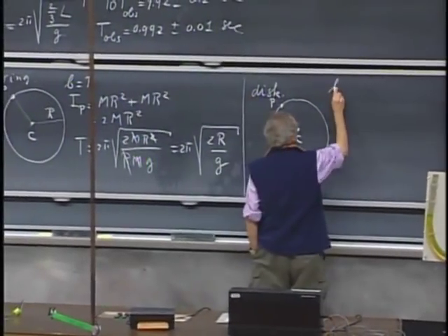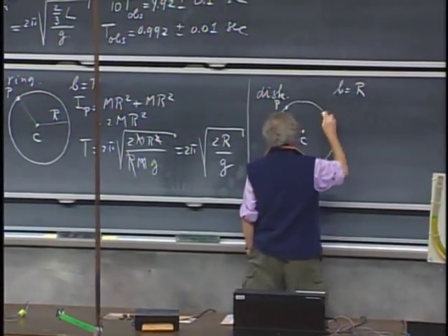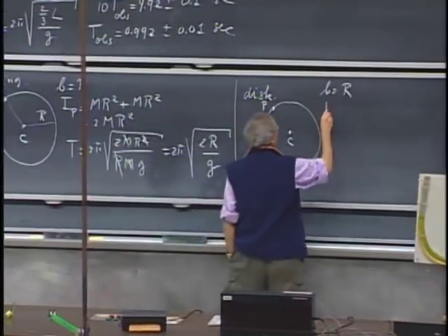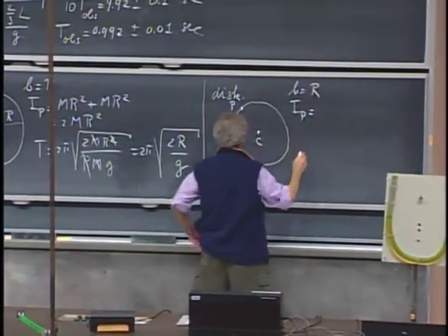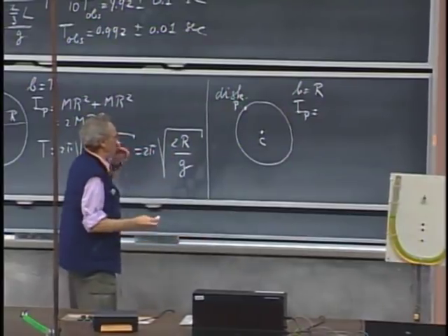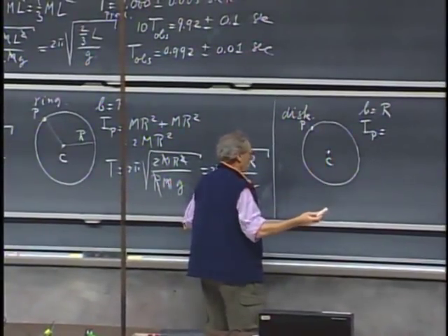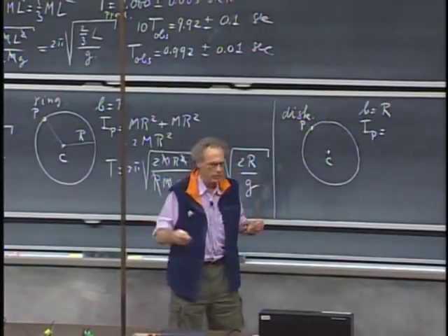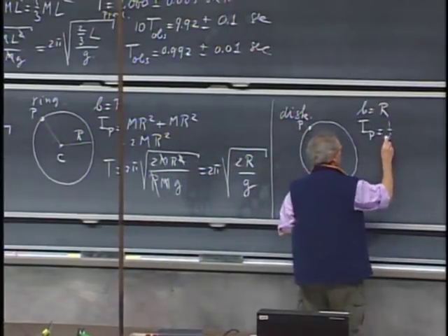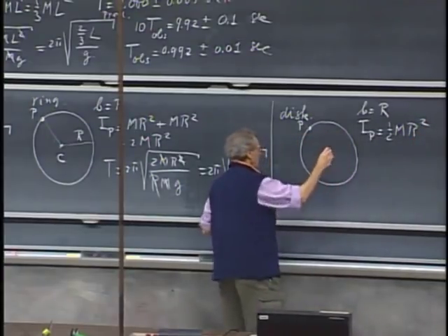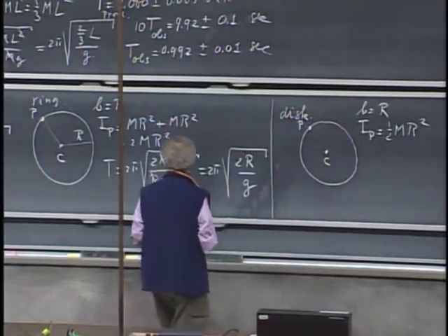So again, b is R, the separation between C and P. And the moment of inertia for rotation about point P is now the moment of inertia for rotation about the center of mass, which you look up in a table. In the case of your exam, it was given on the front cover. It is 1/2 mr squared.